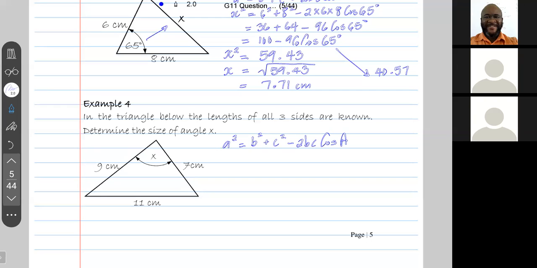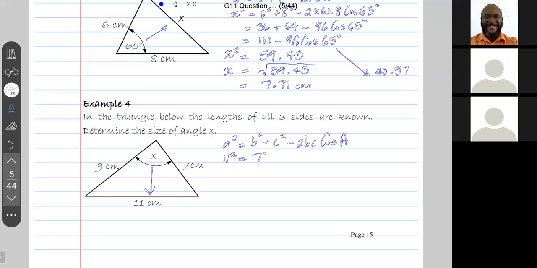In a situation like this, the inclusive angle is the angle that you want to find. And the side opposite it is 11. So A is 11, so this is 11 squared. Now, B and C would be the other two sides, the 9 and the 7.